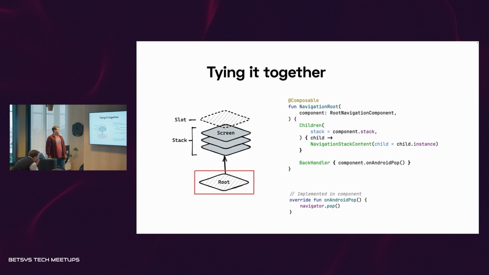And now, what's also implemented in the Jetpack Compose extensions is this Children composable, which lets you display the navigation stack from Compose. And you could, of course, implement your own composable that displays the current state of the stack.